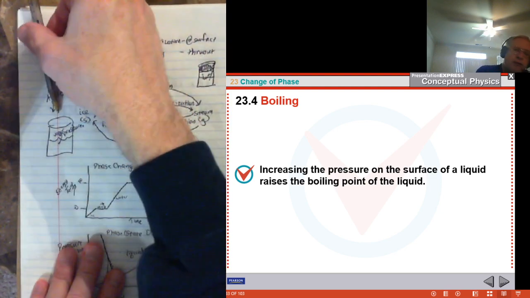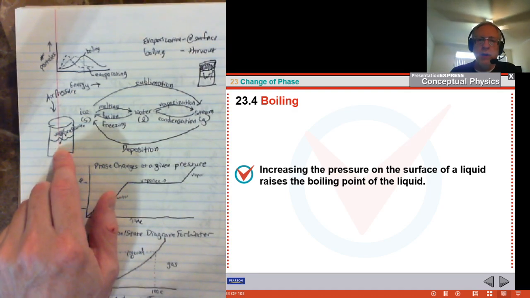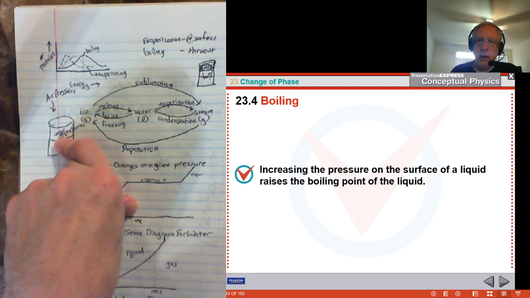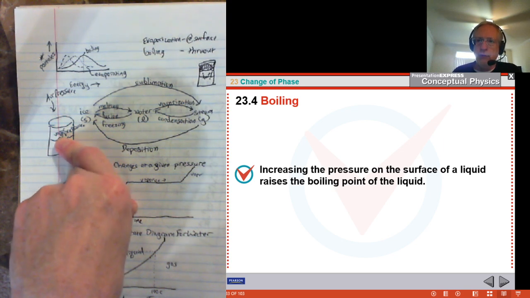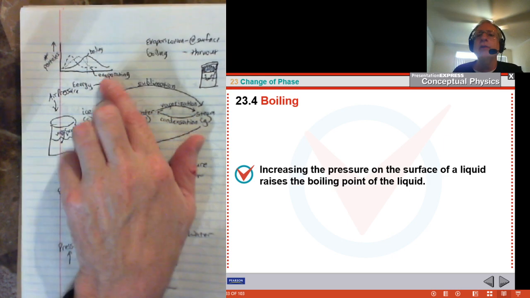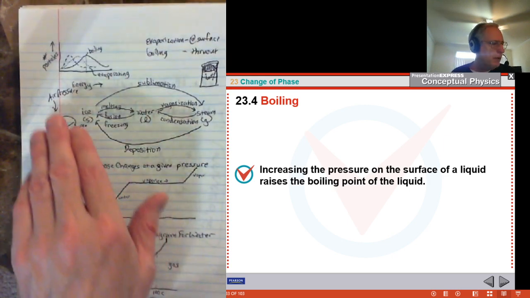And then there's the pressure of the air pushing downward on this open container. When these two pressures are equal, you boil. That's the true definition of boiling. Boiling is not 100 degrees Celsius. That's the definition that we use a lot. But boiling is when vapor pressure equals air pressure.